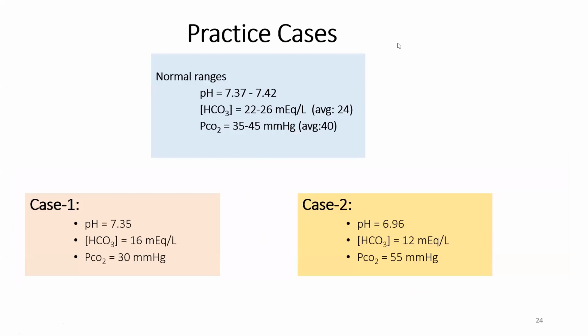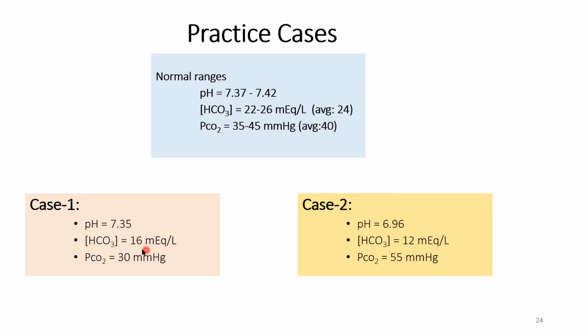Now here are two practice cases. These are the normal ranges. You can see the pH, you can see the bicarb, the average is 24. PCO2, this is the range, the average is 40. Let me work this out for you. pH is 7.35, so we are looking at an acidosis.